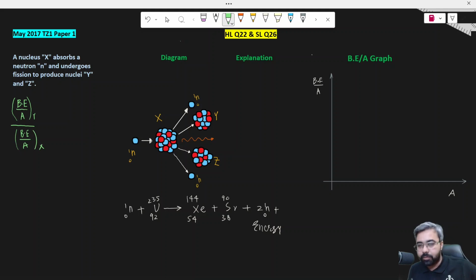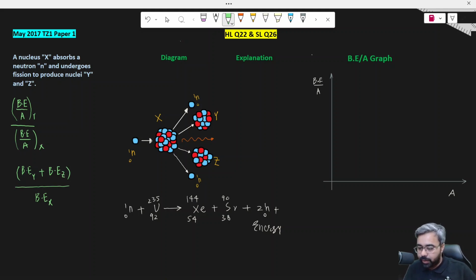So we have to find whether it is greater than one or less than one. And the second point is, if we add the binding energies of Y plus Z, and divide it by the binding energy of X, is this greater than one or less than one? Let us see.